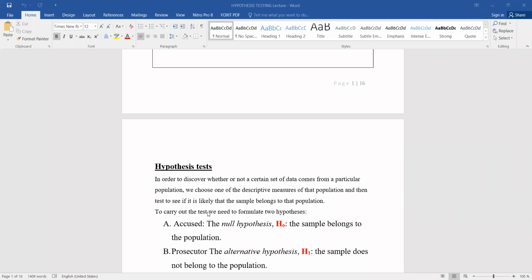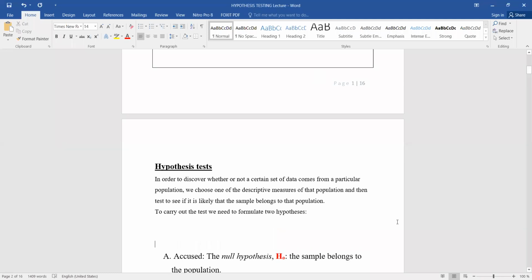So if the average age was, for example, 23, remember we said that among the disadvantages of the mean, it gives one value. Somebody may say that indeed we have people who are 30 years. So we're going to conduct what we call hypothesis testing.